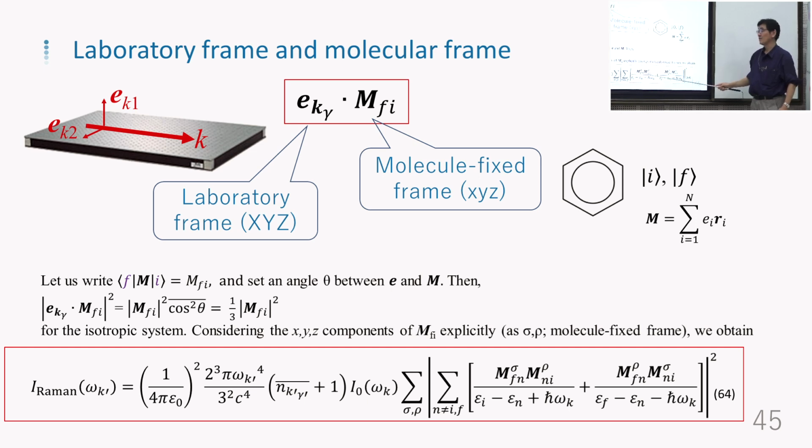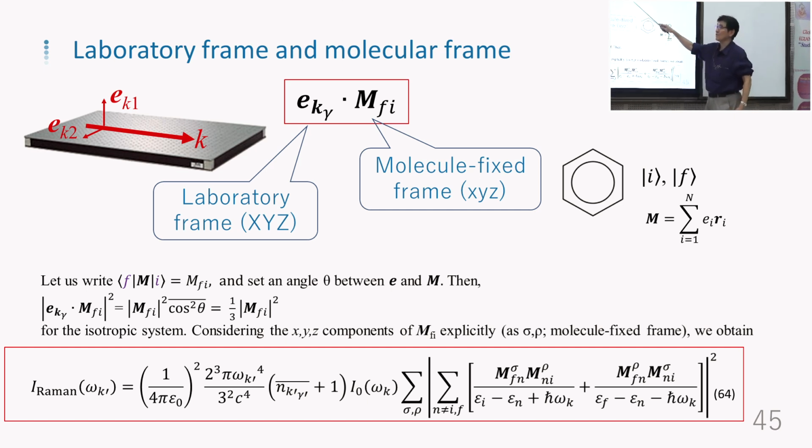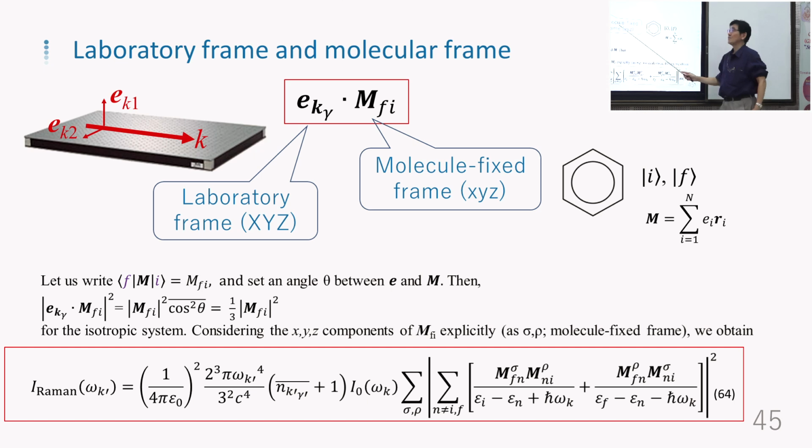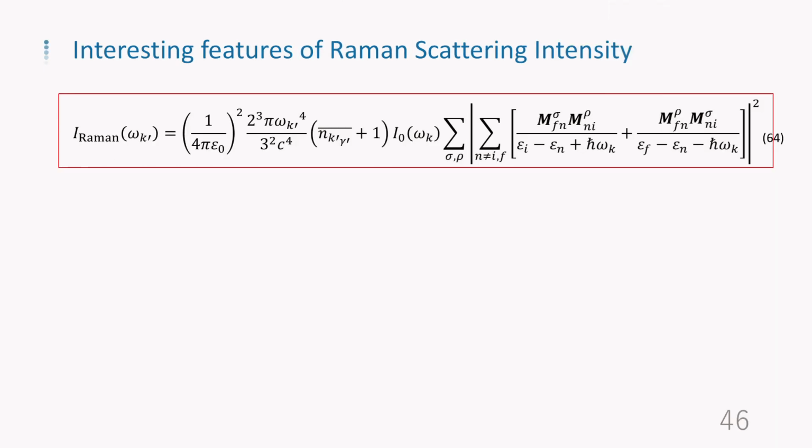So 3 by 3, this term contains 9 components. But anyway, this page explains how to take account of the difference of the coordinate framework. So again, Raman scattering intensity is given by this equation.